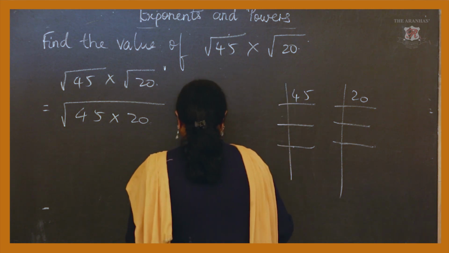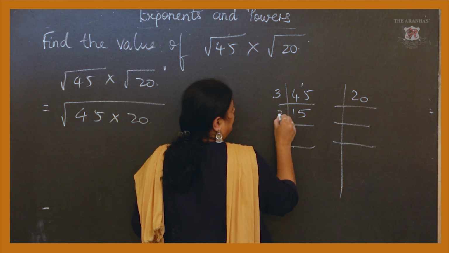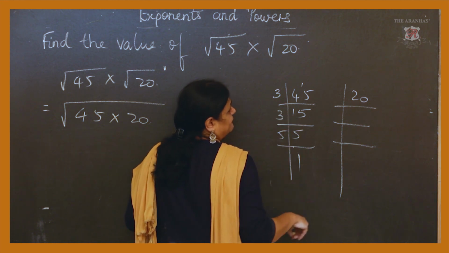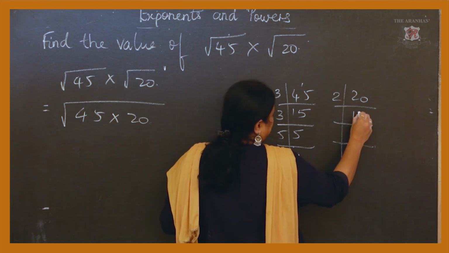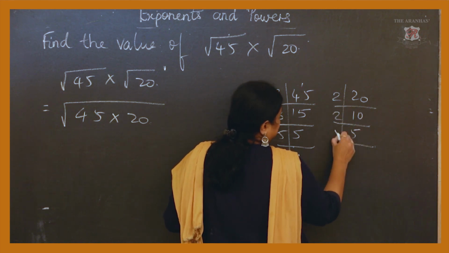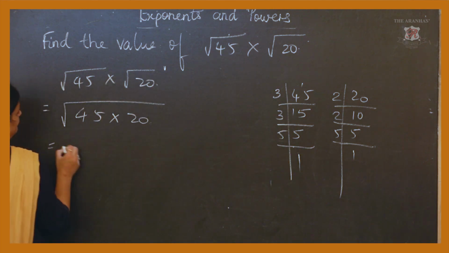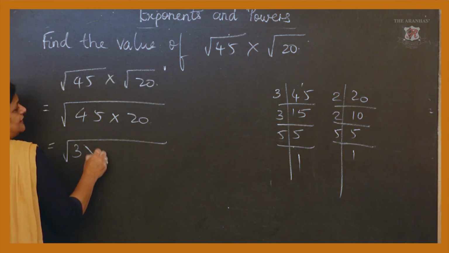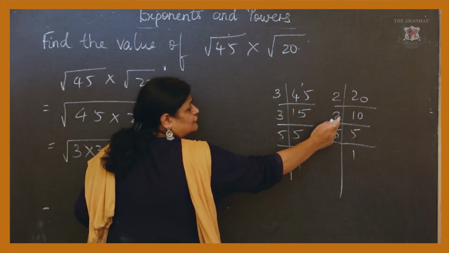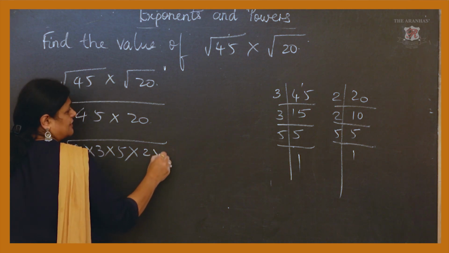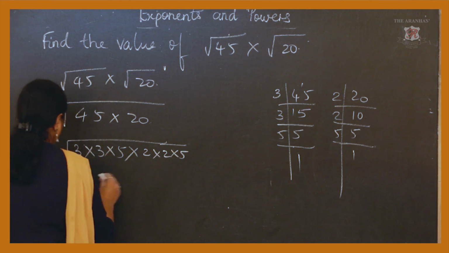Now, 3 1s are 3, 3 5s are 15, 5 1s are 5. Next, 2 10s are 20, 2 5s are 10, 5 1s are 5. So for 45 what you are getting is 3 into 3 into 5, and for 20, 2 into 2 into 5.